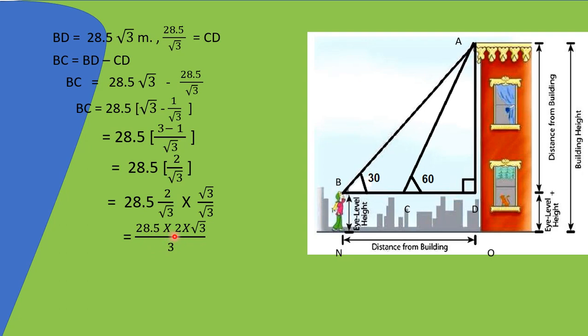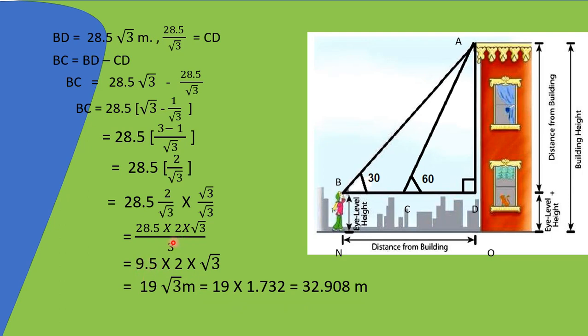When we multiply the numerator terms, 28.5 into 2 into root 3, 28.5 is cancelled by 3, so we get 9.5 into 2 into root 3, and after multiplying this we get 9.5 into 2 is 19 root 3 meter, and by putting the value of root 3 as 1.732, as we know that the value of root 3 is 1.732.